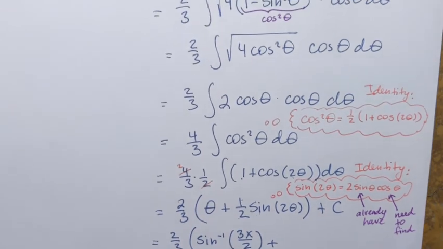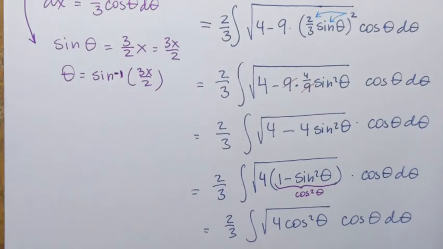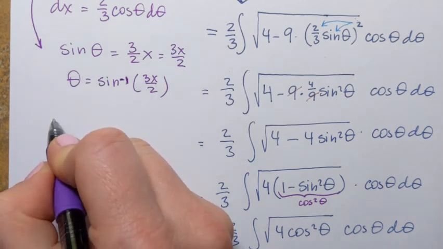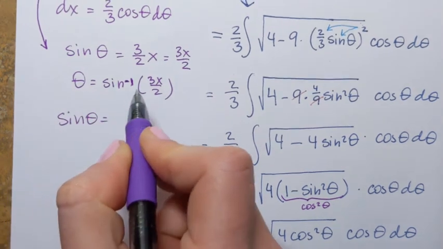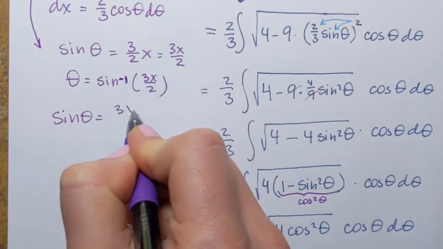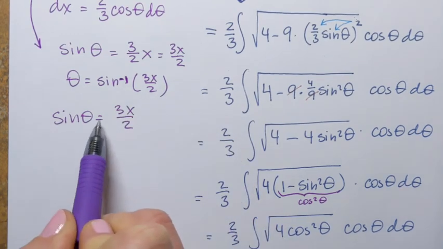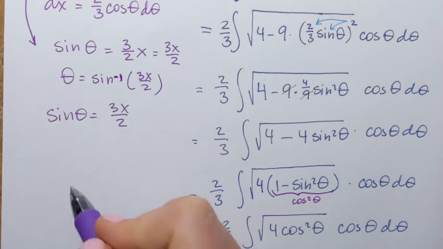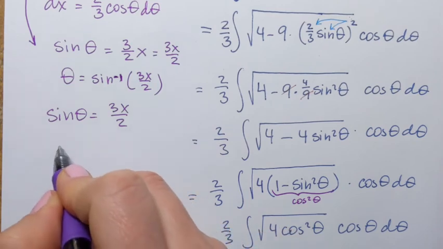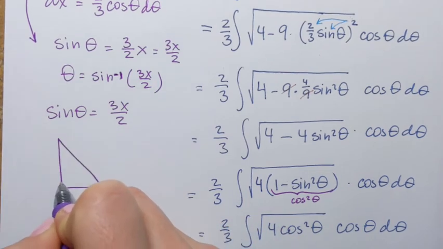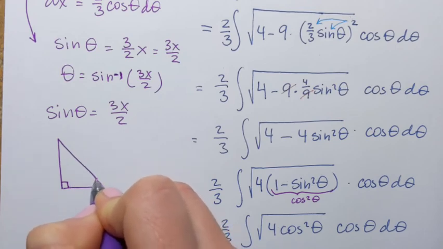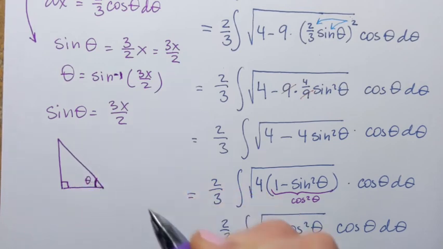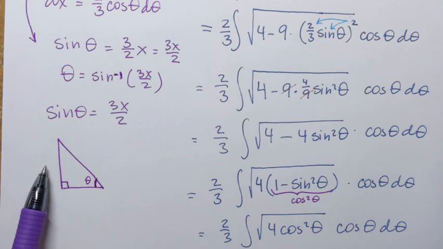How are we going to find cosine of theta? Well, let's go back to our substitution. So sine of theta is, I'm rewriting it, 3x over 2. We already have sine of theta, right? We're going to plug it in later. But how do we find cosine? To find cosine, we're going to set up this right triangle. We're going to denote angle theta and label sides.